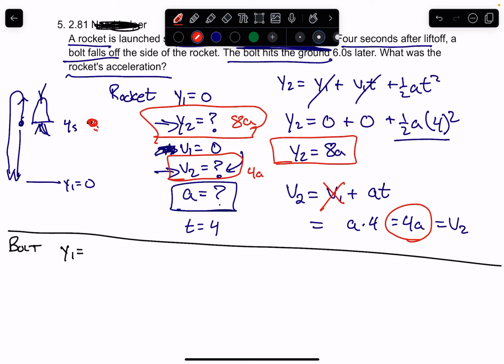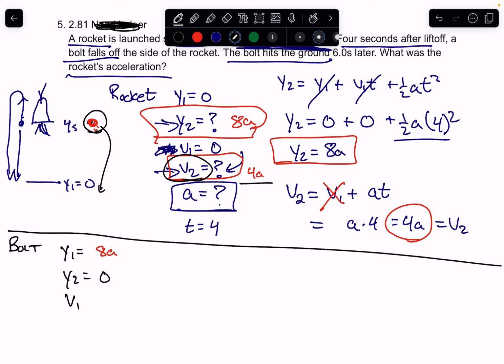So y1 is 8a. Making sense? y2 is easy: the bolt's going to fall to the ground, so that's 0. The v1 of the bolt is the v2 of the rocket, so that is 4a.